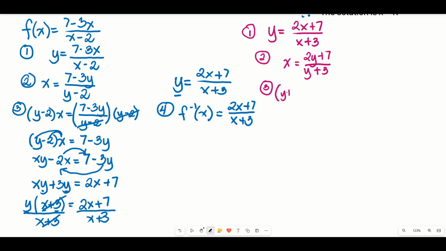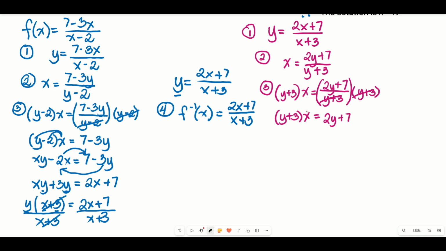So y plus 3 times x is equal to 2y plus 7 over y plus 3 times y plus 3. And since nag-multiply ka ng y plus 3, may y plus 3 ka sa denominator, this gets cancelled out. We'll have y plus 3 times x, and this is equal to 2y plus 7.